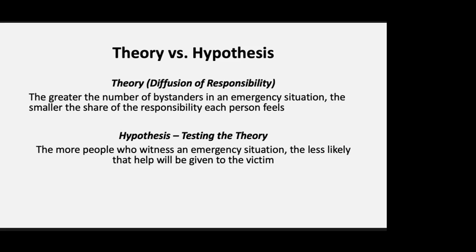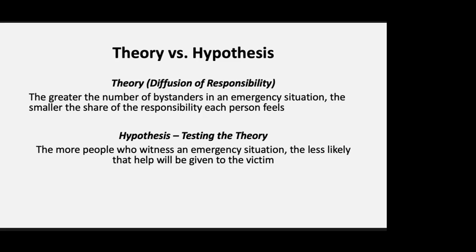So imagine we put 10 people in a situation where they maybe watch a couple fight and it escalates to kind of an abusive situation. You would only do that if the couple was confederates, which basically means they're part of the experiment and they're acting.